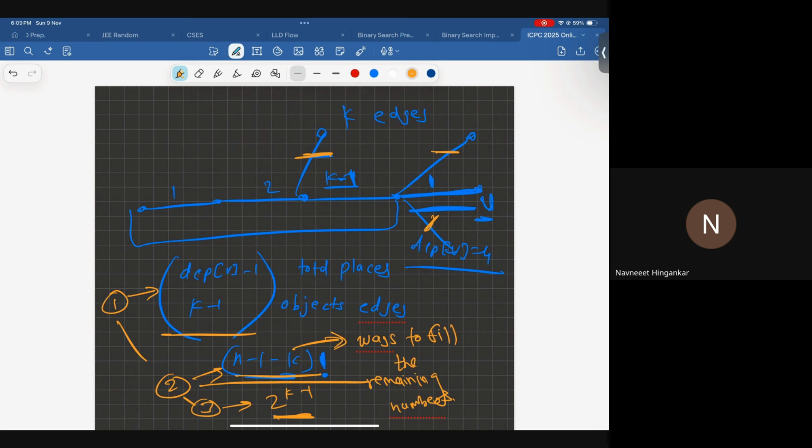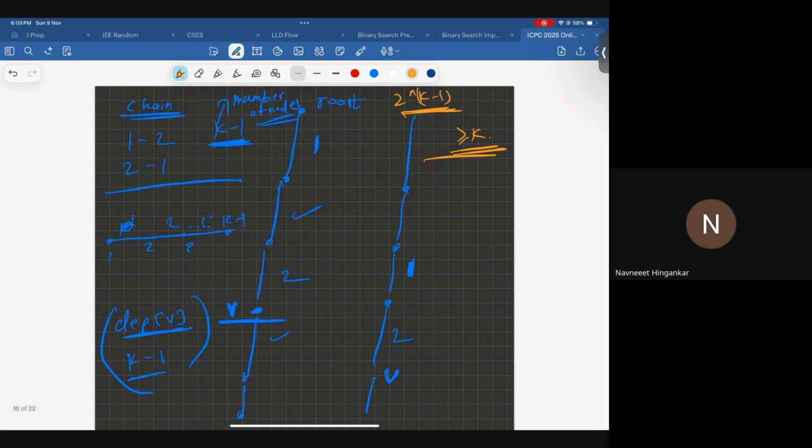But I think the answer is 2 raised to the power k minus 1. We will place the first number to force the cost, then the second number, then we can place three either this side or this side. There are only two ways to do that. So each time we are placing a number, we have two choices. So there are 2 raised to the power k minus 1 choices, something like that.